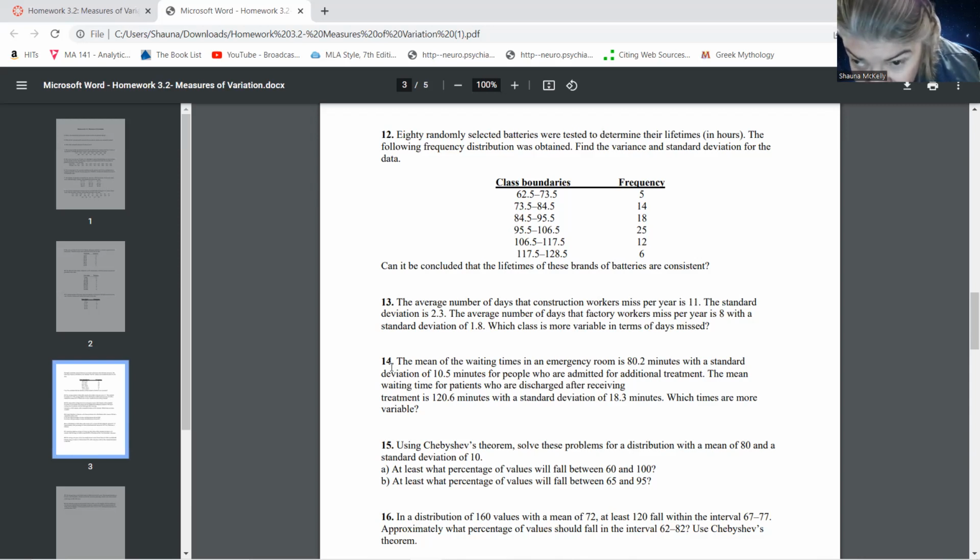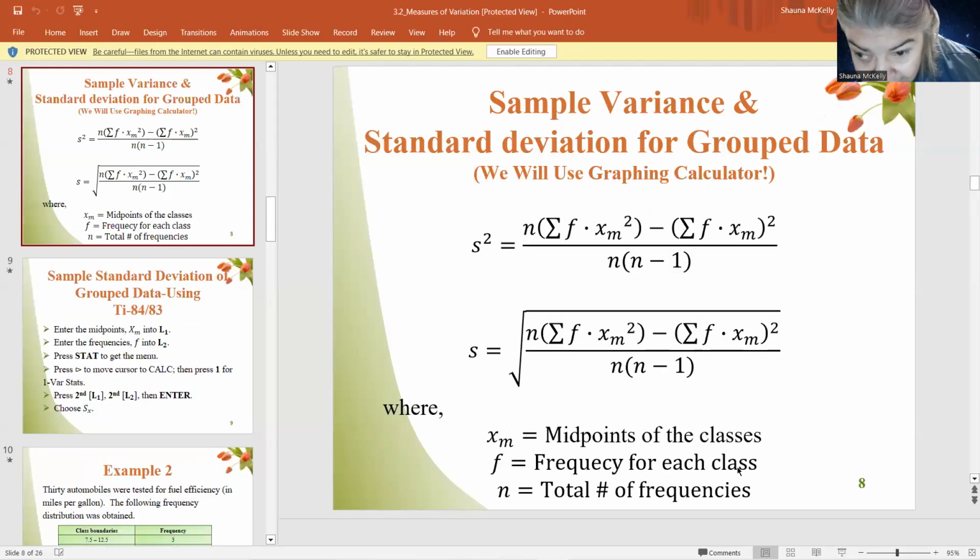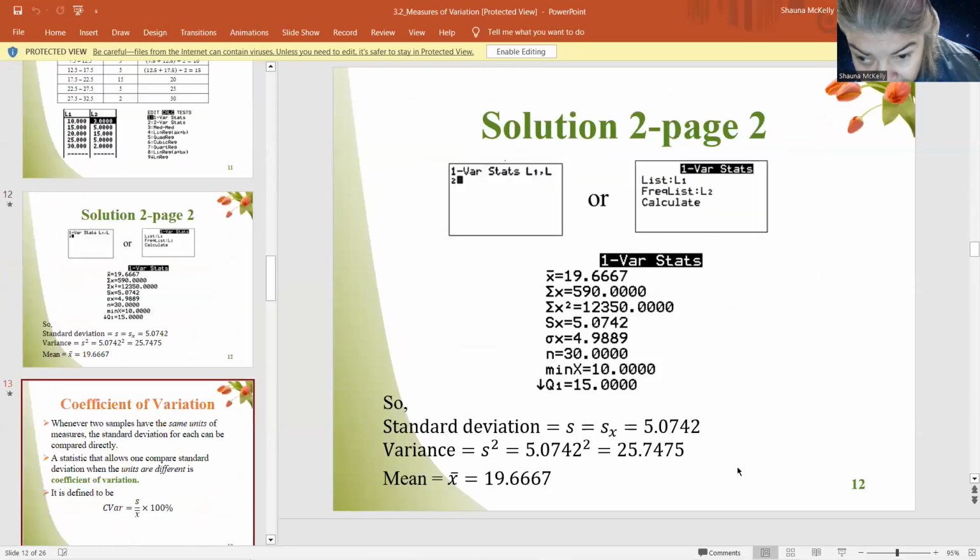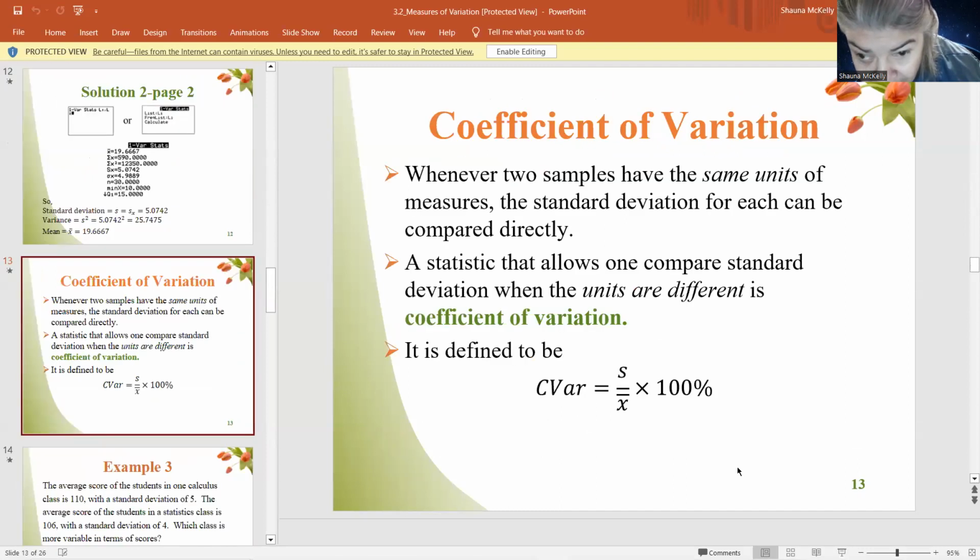The average number of days that factory workers miss per year is 8, with a standard deviation of 1.8. Which class is more variable in terms of days missed? Once again, let me come back to the slides. The slides are your friends, folks. So you're looking here at the coefficient of variation.